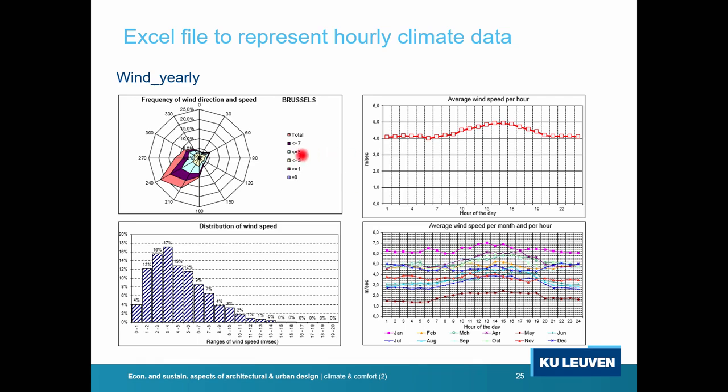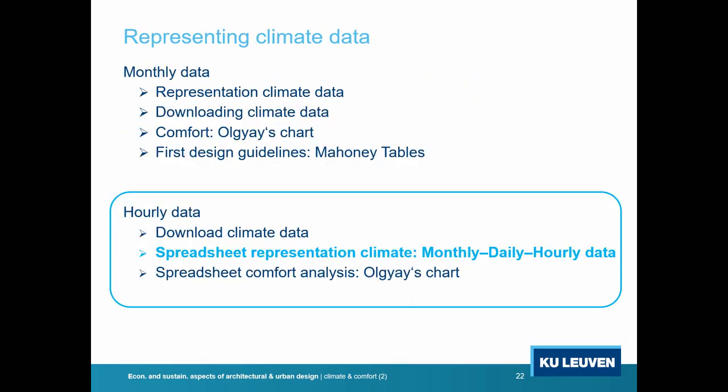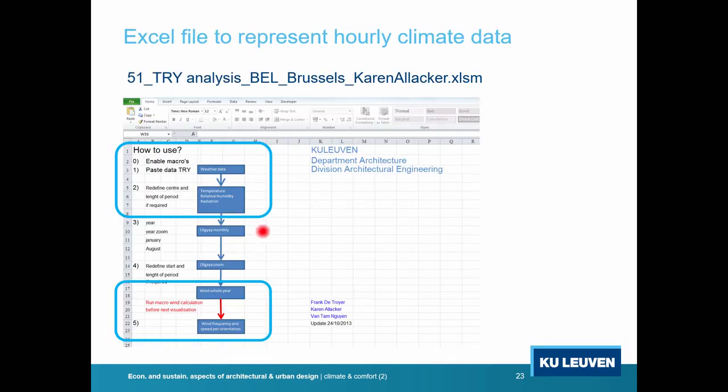Before you get these graphs, you will need to press a button in the Excel file itself, but I will show you in a second. You need to press a button to calculate, because if you don't, the values that are shown are still the old values from Brussels. So it's not refreshed. Even if you have deleted the values, the graphs are still the ones from the previous version.